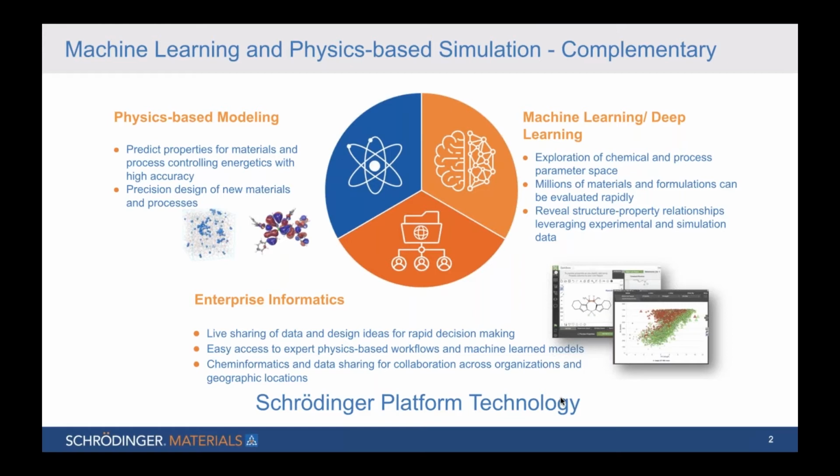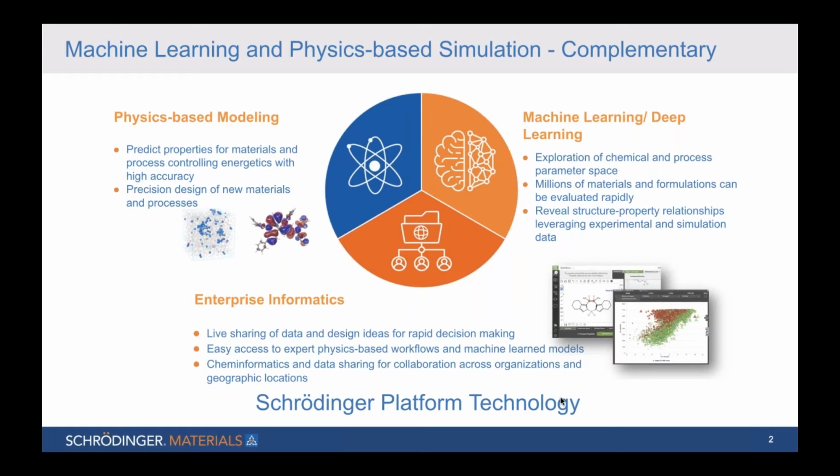Machine learning models also allow us to evaluate millions of compounds or formulations rapidly, something that would be hard to accomplish either by experiments or even by physics-based simulations.